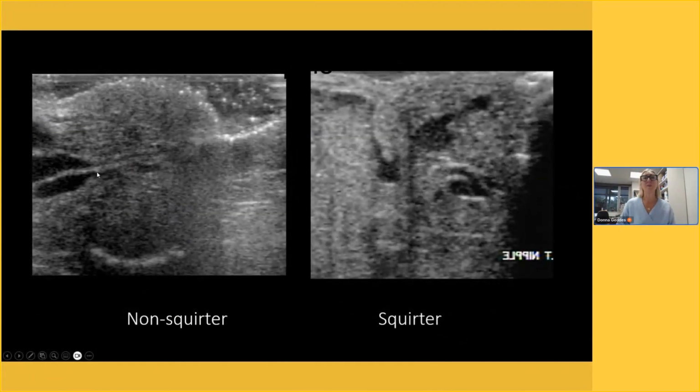Now, if you have large nipple ducts, as we can see here, or small ones, this may dictate whether you tend to jet milk at milk ejection in the absence of a baby or a pump. So we call this the non-squirter, who keeps the milk in, and the squirter with the big ducts, who tends to jet when she lets down.